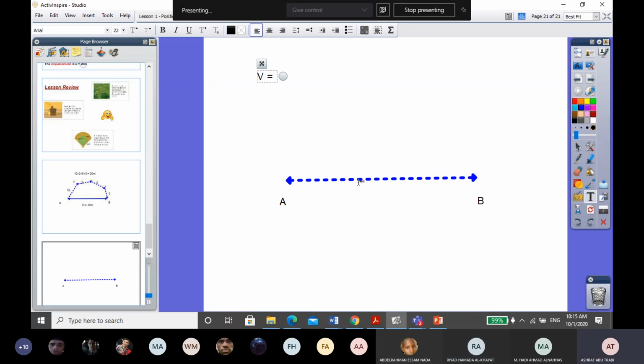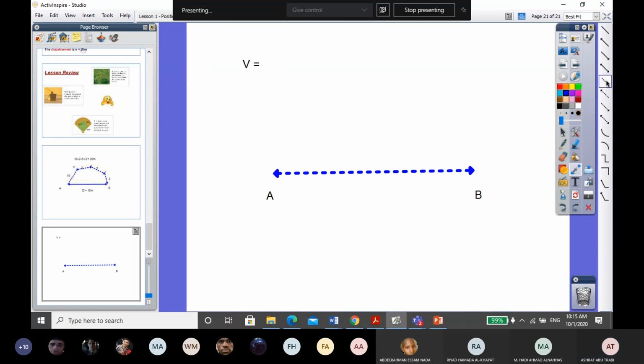So let's say, guys, I have a journey from A to B, and I rest here for 1 minute. So I start my journey here, and from here to here I rest for 1 minute, and then I continue my path. So there is a difference in time, so we cannot say that the time taken is the same.